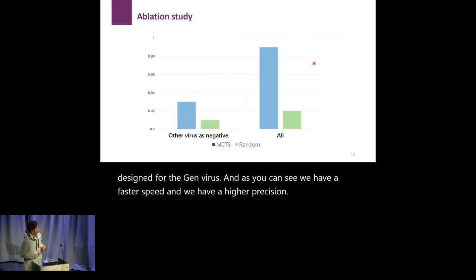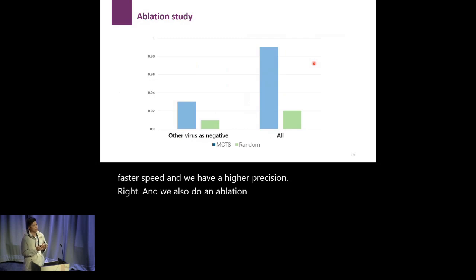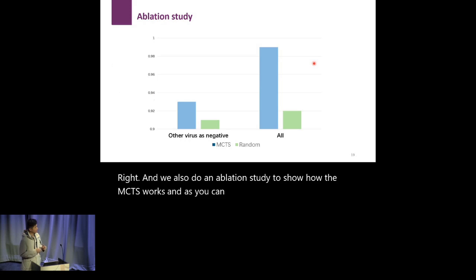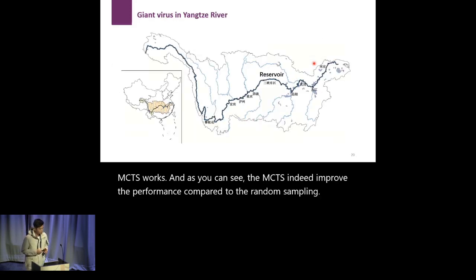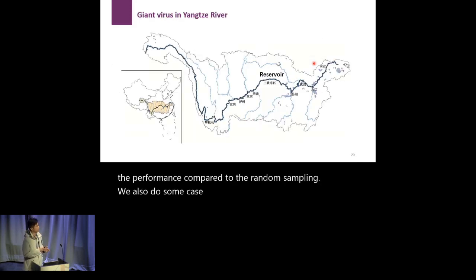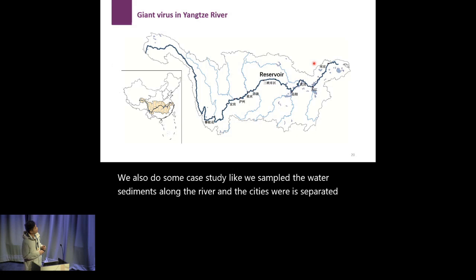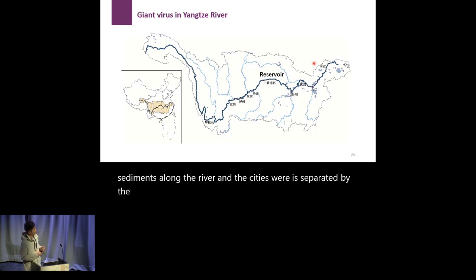Right, and we also do an ablation study to show how the MCTS works. And as you can see, the MCTS indeed improves the performance compared to the random sampling. We also do some case study, like we sampled the water sediments along the river, and the cities are separated by the three dams along the Yangtze River in China.